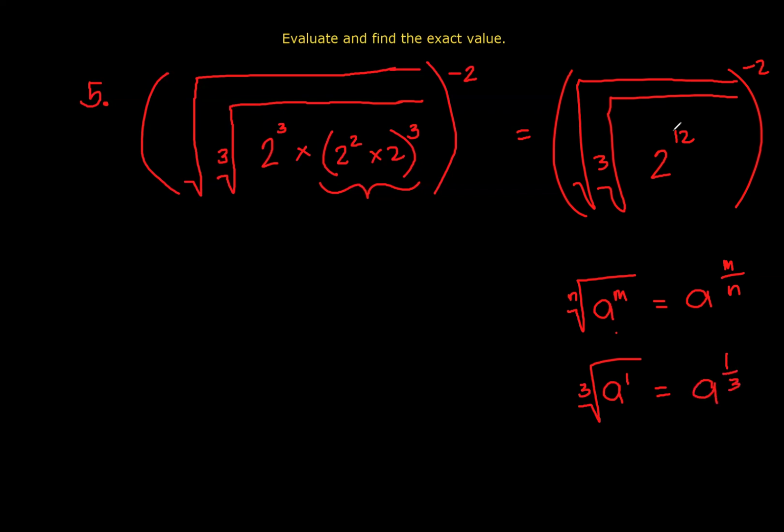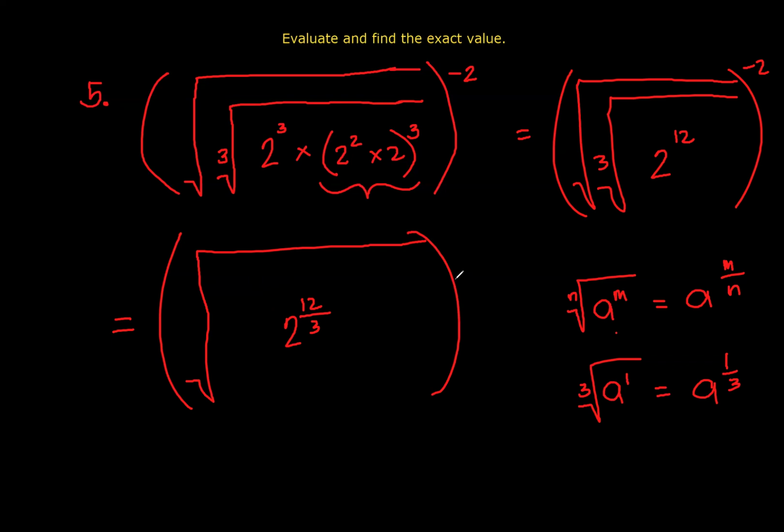Now, our a is 2 raised to 12, and so this will now be equal to 2 raised to 12, well, 12 is our m, now it will be all over 3. We can get rid of this. This will be raised to negative 2.